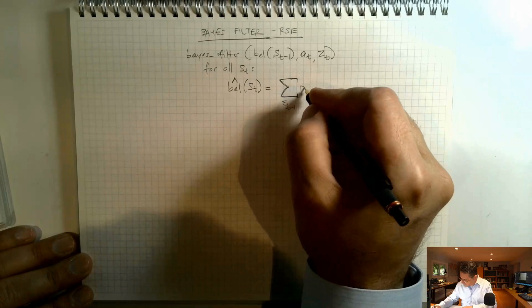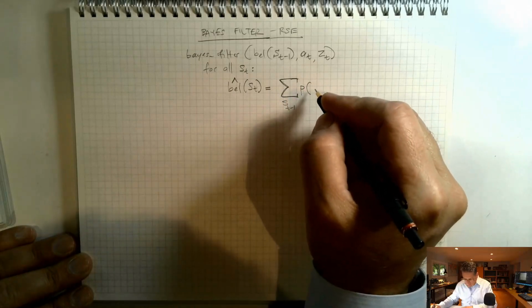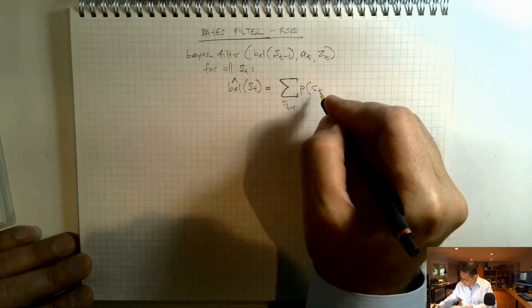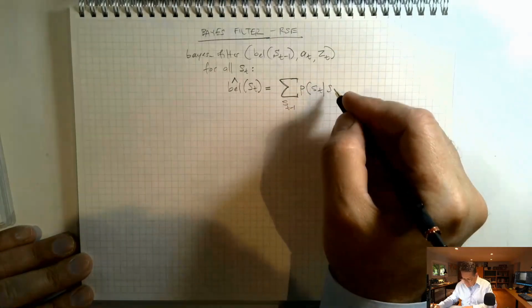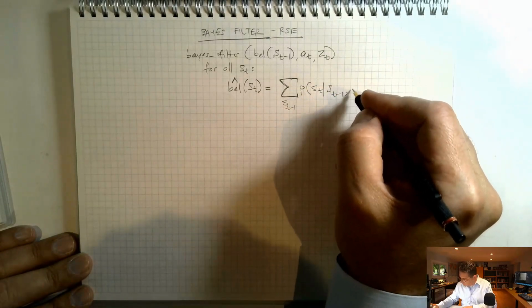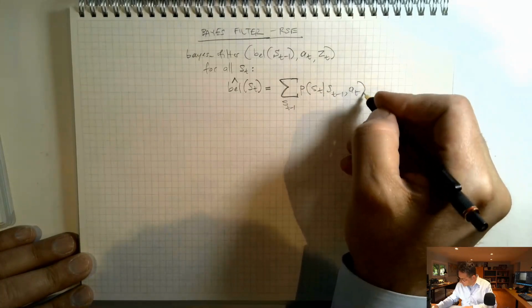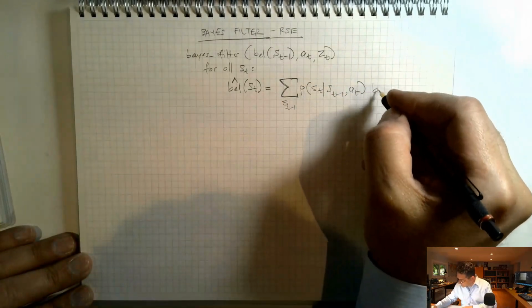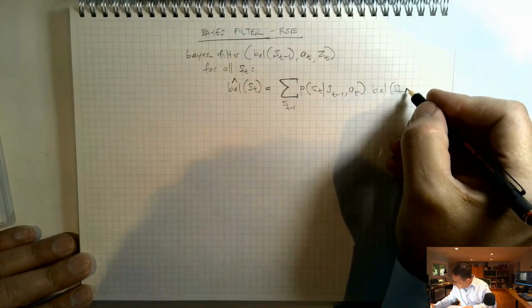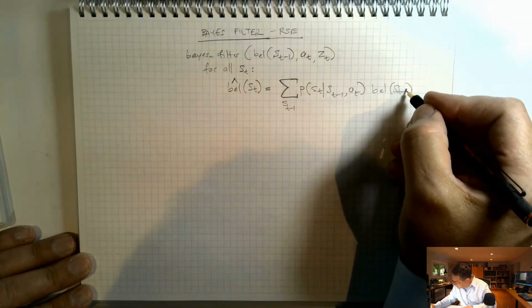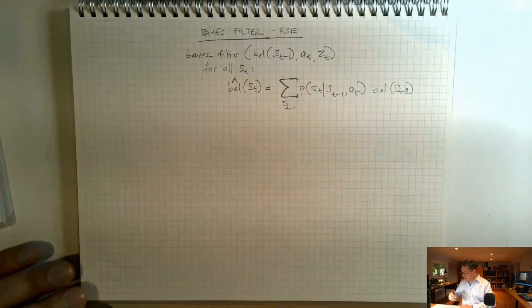Okay, so let me write it down. This is p(s_t given s_{t-1}). This is my transition model, if you remember from earlier, and this is the belief of s_{t-1}. This is the incoming belief where I believe I was before.